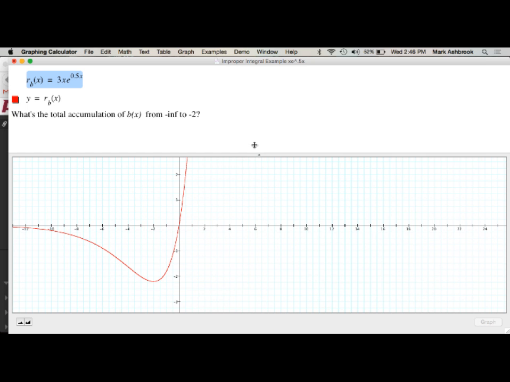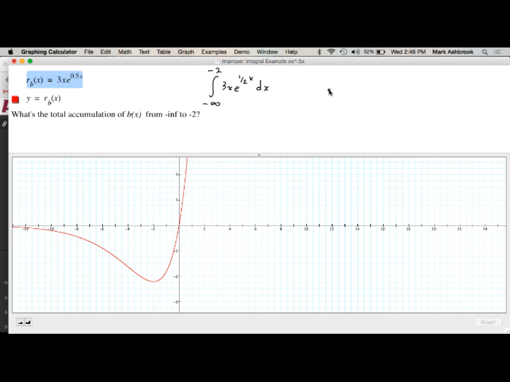Okay. So I was talking about this one. And so we're looking at, we got this rate function, 3x e to the 0.5x.